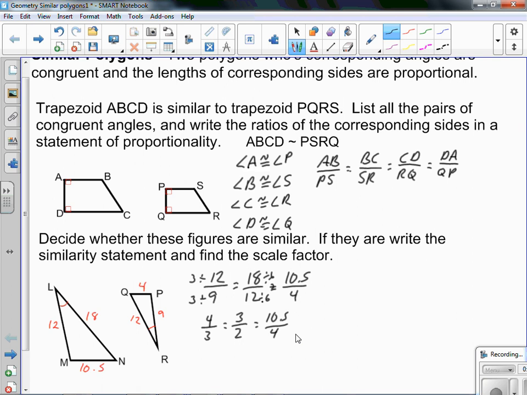So when we look at those, we got 4/3, 3/2, 10.5 over 4. They don't appear to be the same, right? Which they're not, and they are definitely not the same. And so since those are not equal to each other, that means that this is not similar.